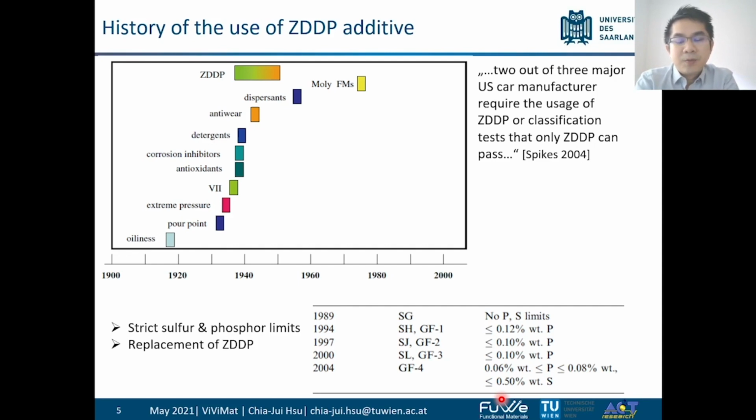So some researchers think that if we can understand how ZDDP functions on the surface, then we would be much closer to finding a replacement or alternatives to ZDDP.